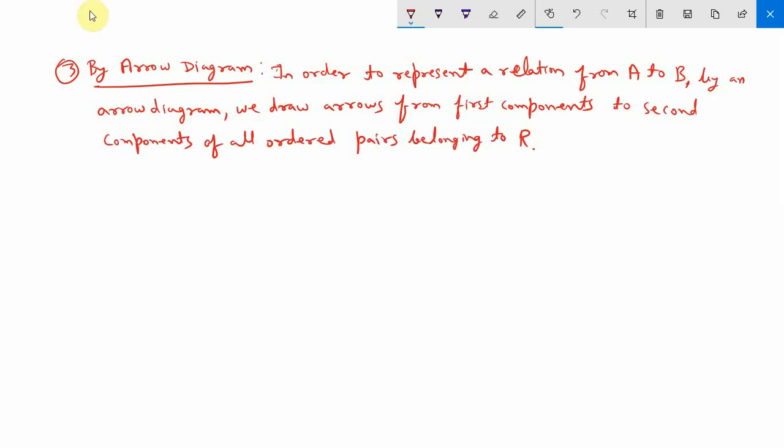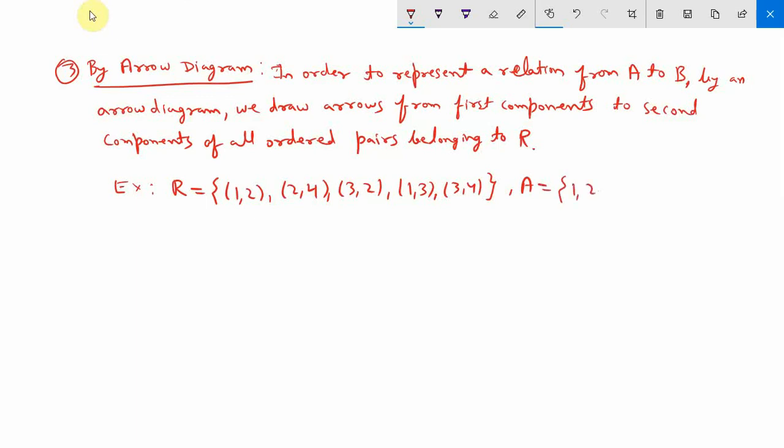Okay, so if we see an example, for example, our relation R is given as (1, 2), (2, 4), (3, 2), (1, 3), and (3, 4). This is a relation, and set A is given as 1, 2, 3, 4, 5.